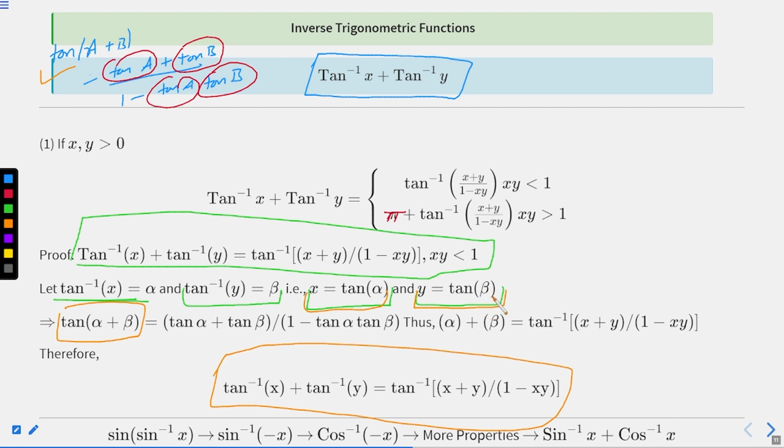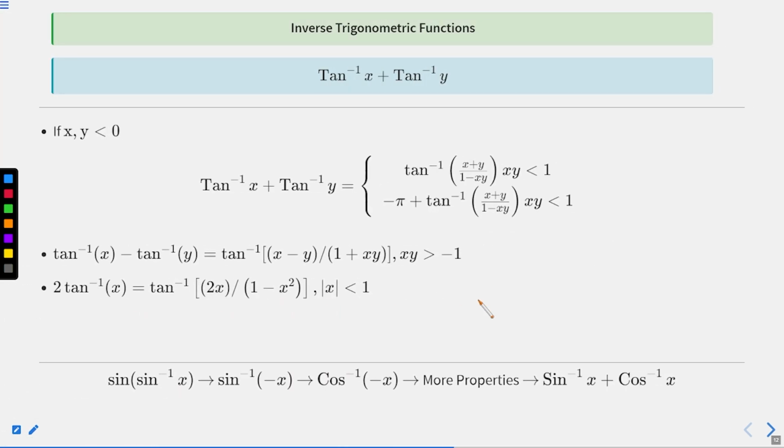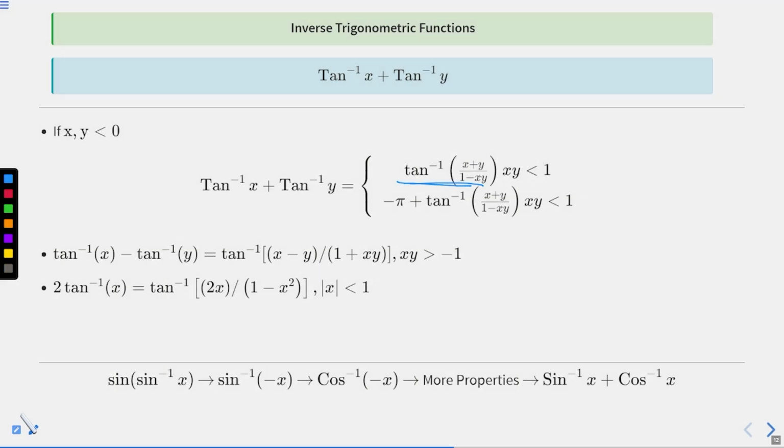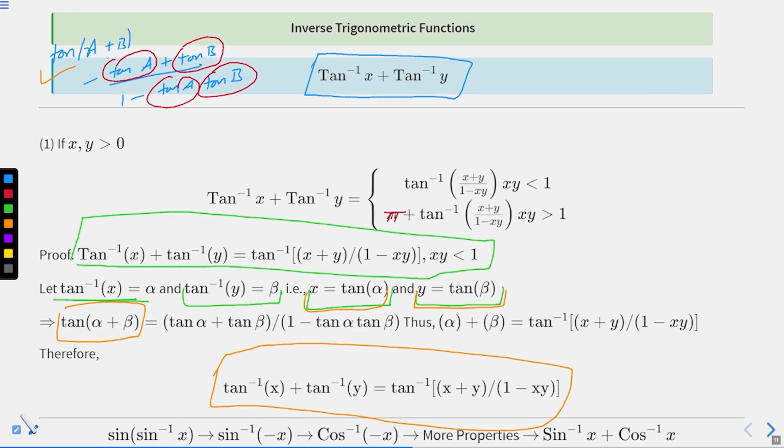Now let's move to the next. If the product is negative, then you will get this, and if the product is positive, you get the extra pi over here.